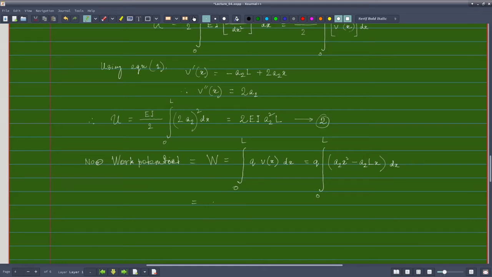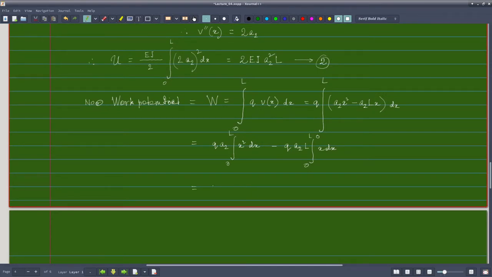And this gives me Q into A2 into integration 0 to L x square dx, minus q a2 L into integration of 0 to L x dx, and this means I get q into a2 into L cube by 3 minus q a2, this will be L square by 2, so L cube by 2.